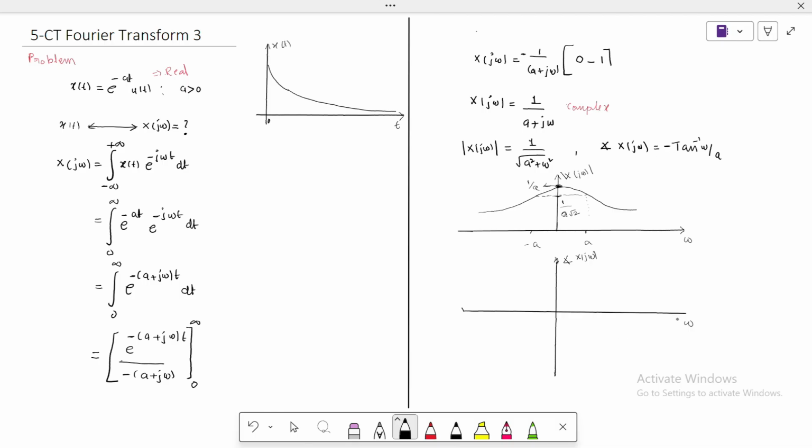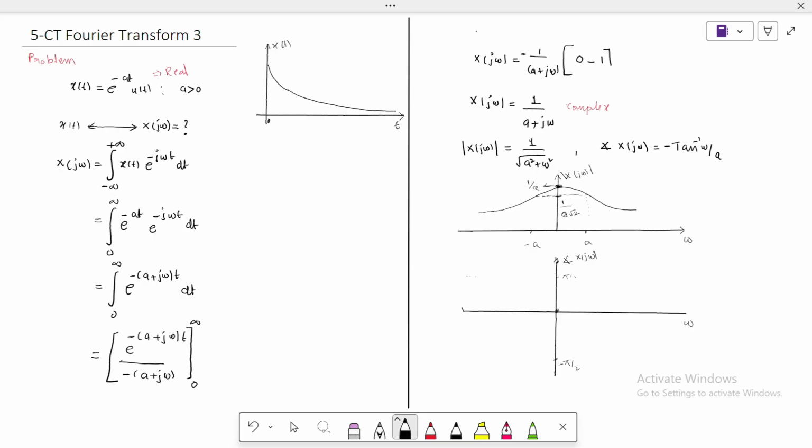At omega equal to 0, the angle equals 0 degrees.